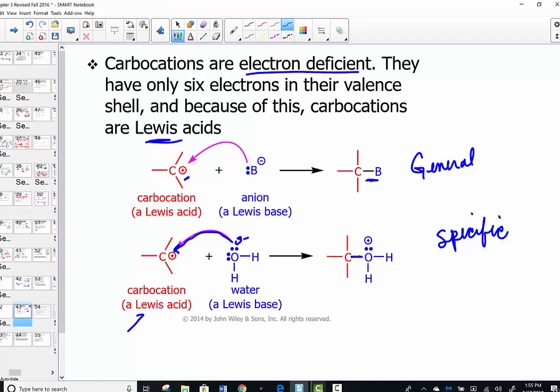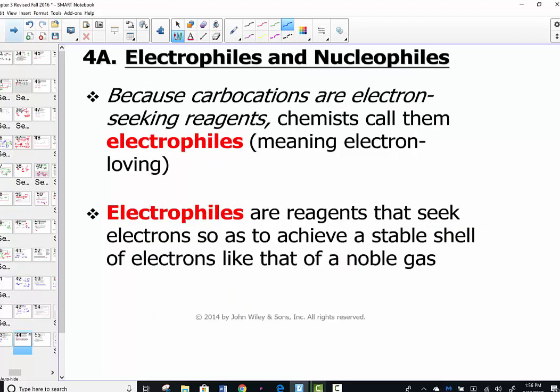In this example, the carbocation was a Lewis acid. A Lewis acid is electron deficient. Water acted as a Lewis base because it was electron rich, and we formed a new bond between the two. Carbocations are Lewis acids.